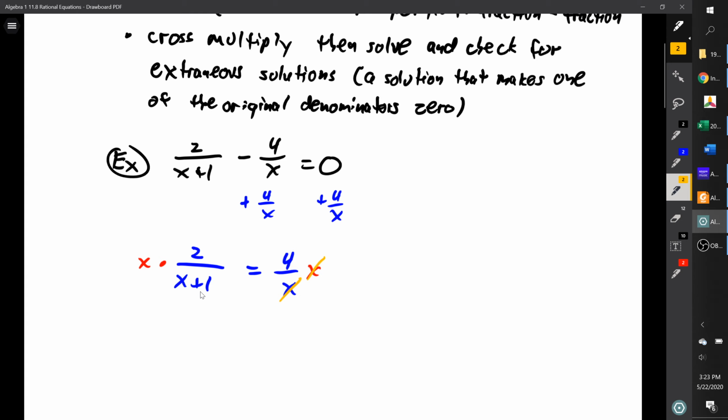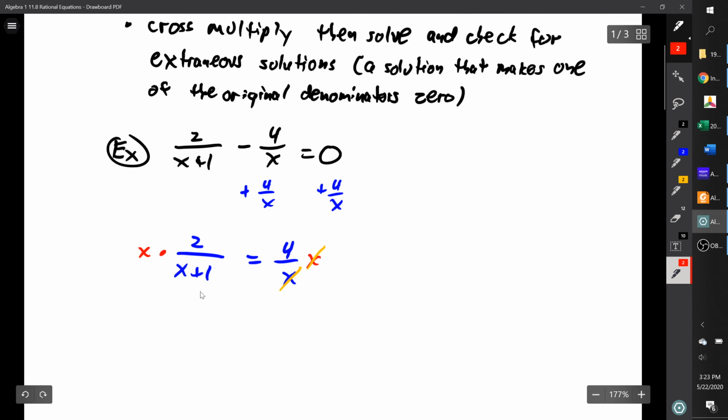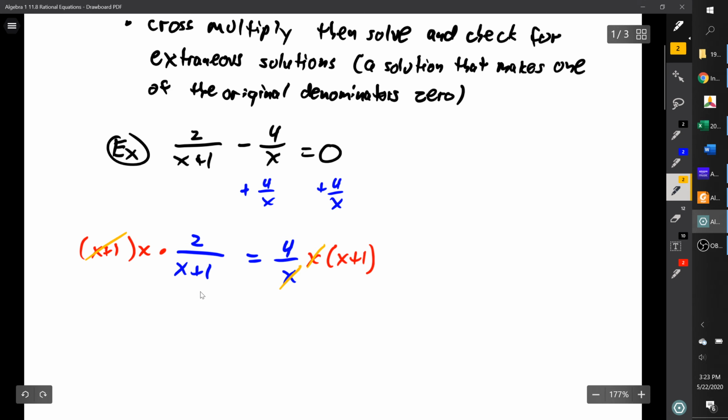But then I still have this x plus 1 in the denominator on my left-hand side. So I would want to multiply both sides also by an x plus 1. When I do that, on my left-hand side I now have an x plus 1 on top and an x plus 1 on the bottom, so those cancel.